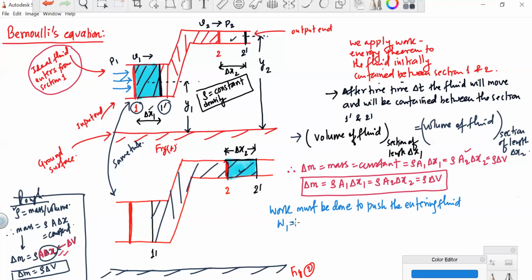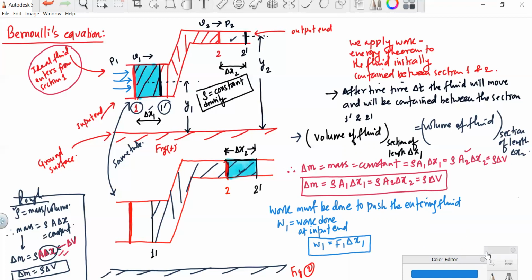Let me write W1, this is work done at input end. So W1 equals F1 times delta X1.